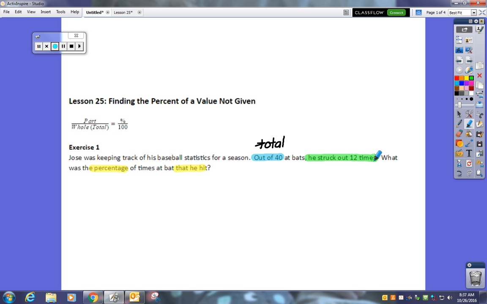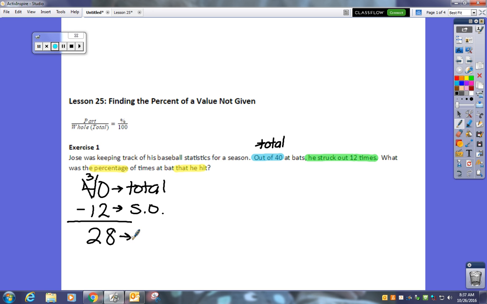So what we would need to do is use our total and the number of times that he struck out to find the number of times that he hit. To do that, we take our total, 40, and subtract the number of times he struck out, and our answer will be the number of times he hits.